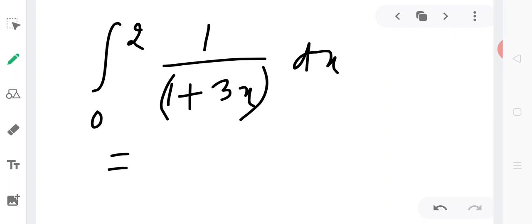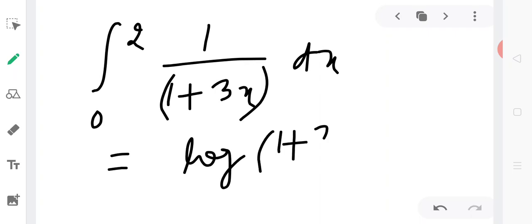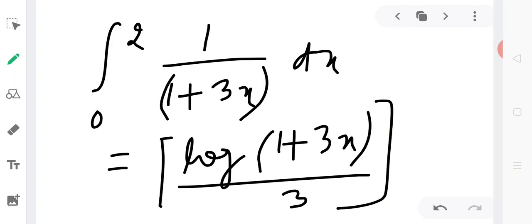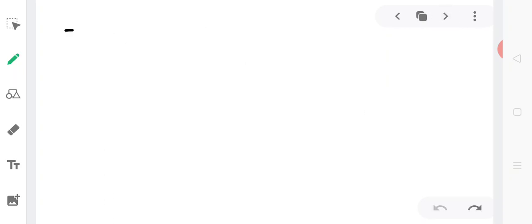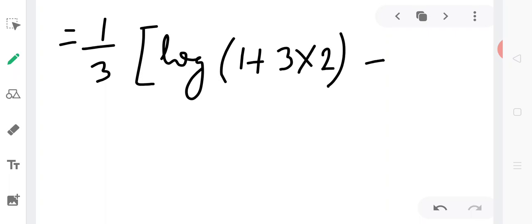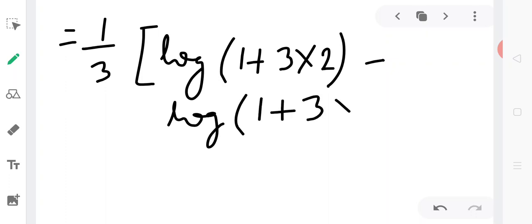So, this will be equal to 1 by 3 log of 1 plus, in place of x you will substitute 2 first of all, and then 0 in the second case.